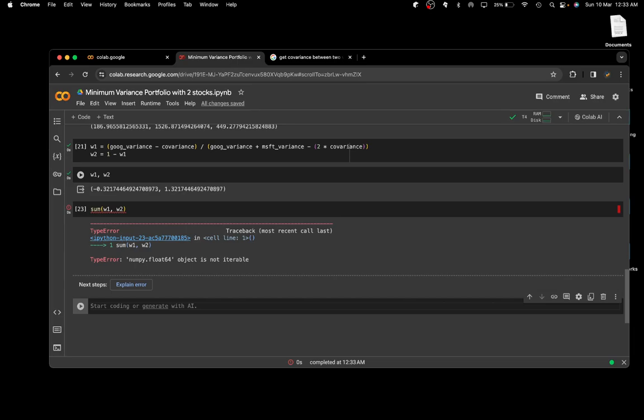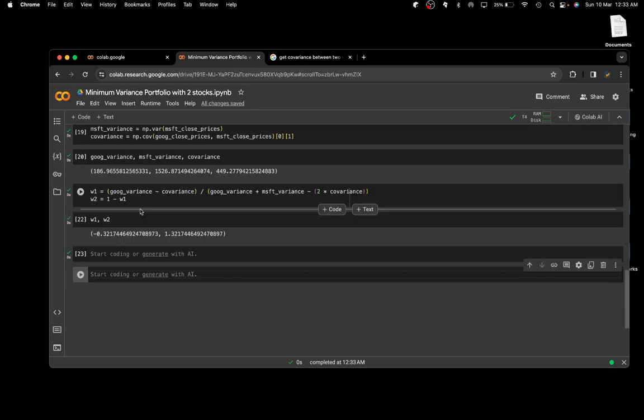You can see the problem over here: W1 is coming out to be about 1.32, and it doesn't actually fall within the bounds that we have, which is a bit of a problem because technically it should have fallen within those bounds.